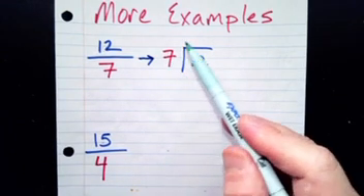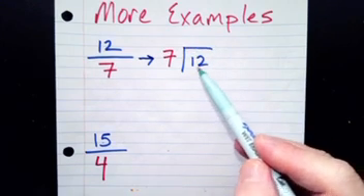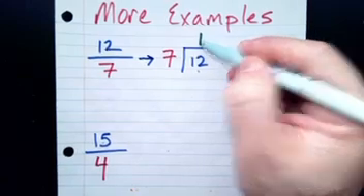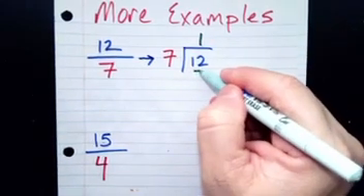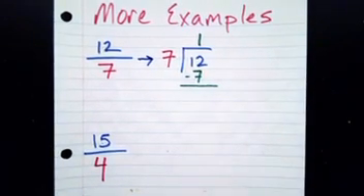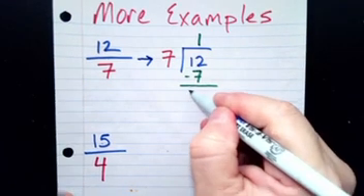So 7 times 2 is 14. 14 is larger than 12, so that will not work. I know 7 times 1 is 7. So I'm going to subtract 7 from 12, which gives me a value of 5.